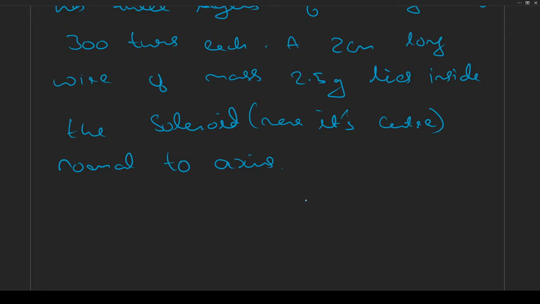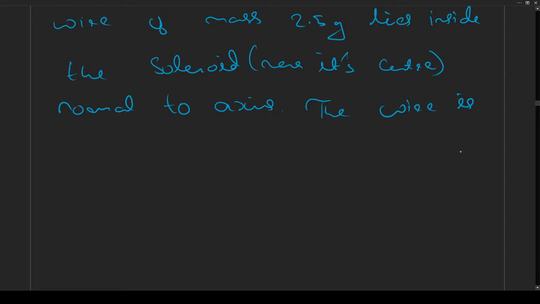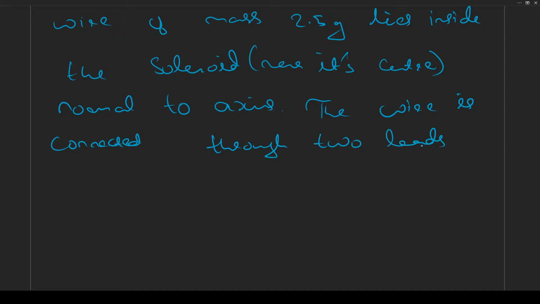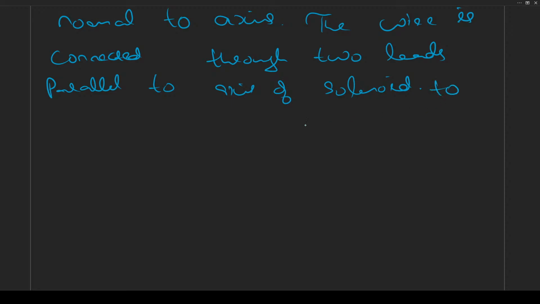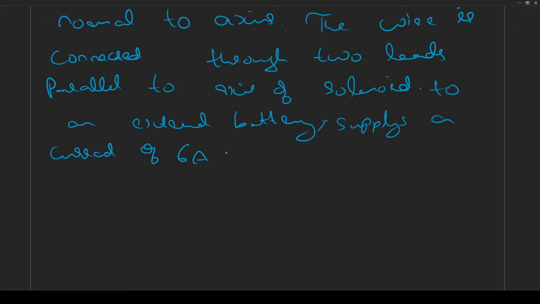Both are in the horizontal plane. The wire is connected through two leads parallel to the axis of the solenoid to an external battery, which supplies a current of 6 ampere to the wire.